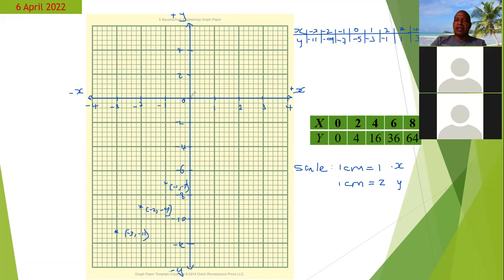But you want to come down on the y-axis -5, so you come down 2, 4, and halfway between 4 and 6, you would have 5. So you find the middle box, which is right here. And then you mark your point. And so this now would give you x equals 0, and y equal -5.